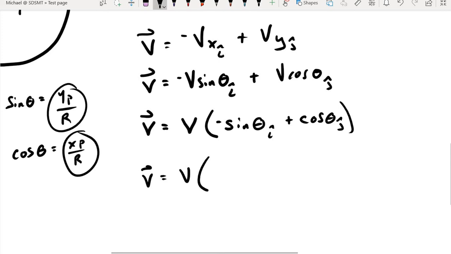So here we go. We have negative sine, so negative, and then sine is y of p over r i hat, plus cosine is x of p over r j hat.